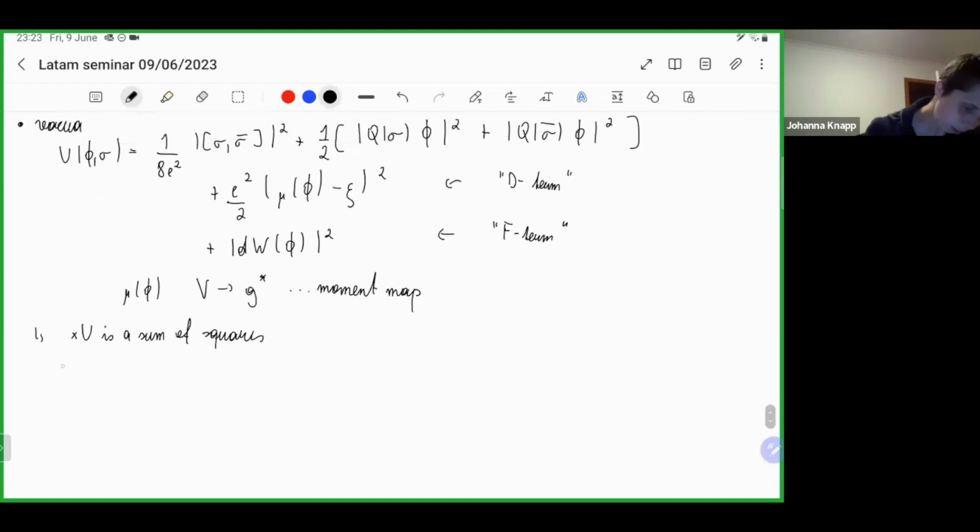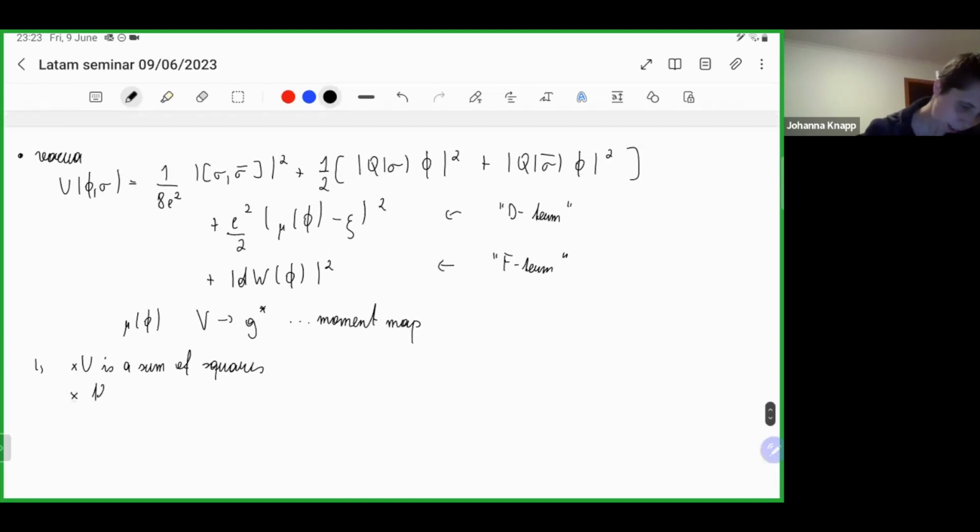And another thing to observe is that there are different types of solutions to U equals 0.